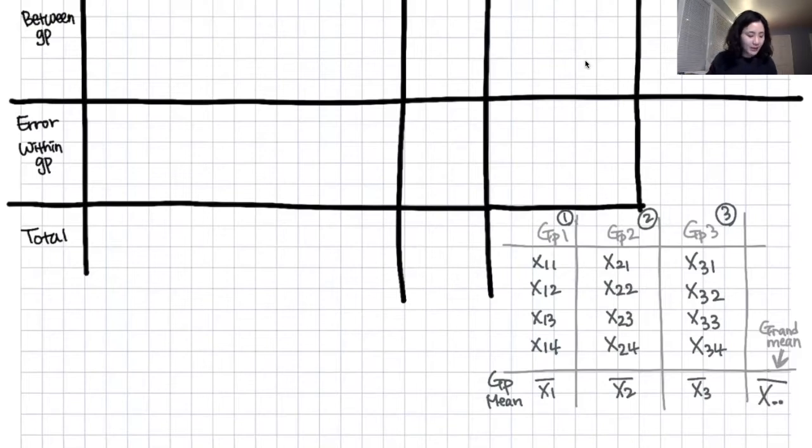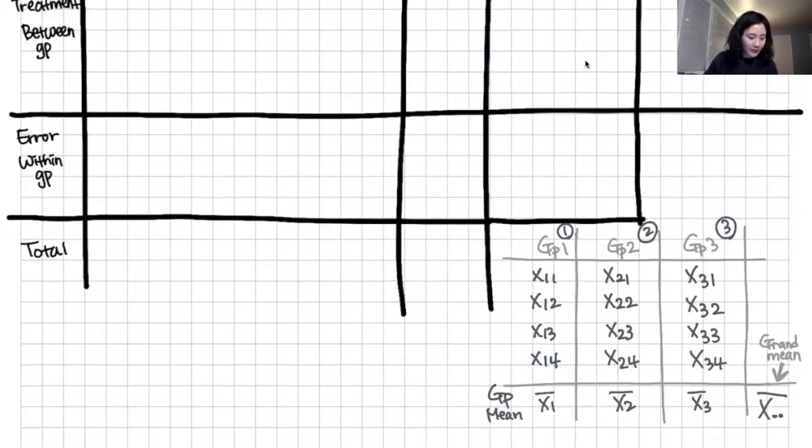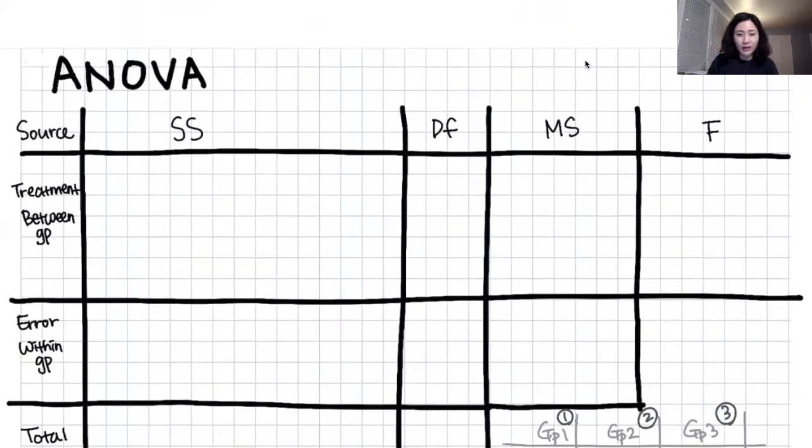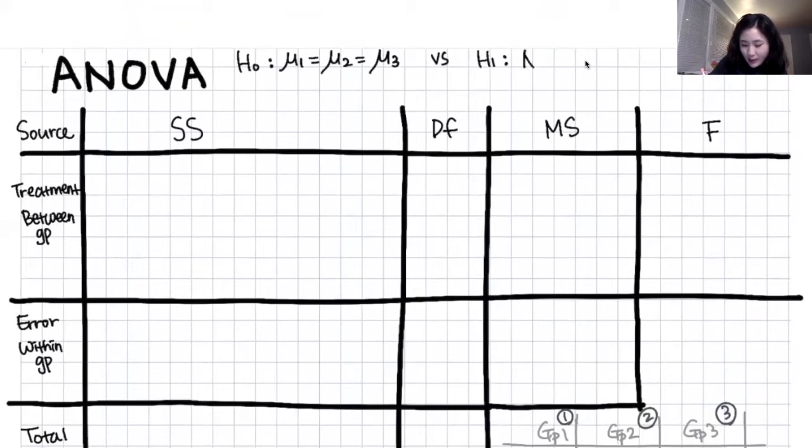Since we want to test whether the mean SAT score is equal across three teaching methods, which is three groups, I will set my null hypothesis as mu of group 1, mu of group 2, mu of group 3 are equal, versus H1, at least one population mean of SAT is different.